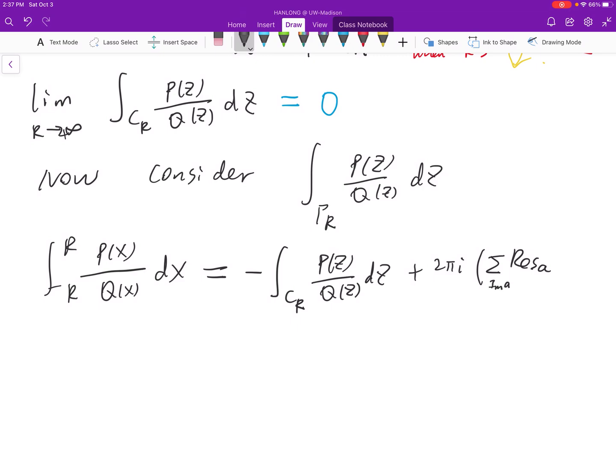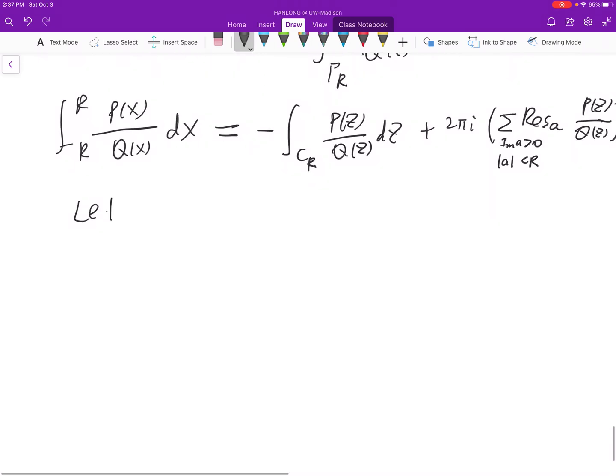Because of the shape of the contour, for the residue part we only consider those poles where the norm is less than r and the imaginary part is positive.